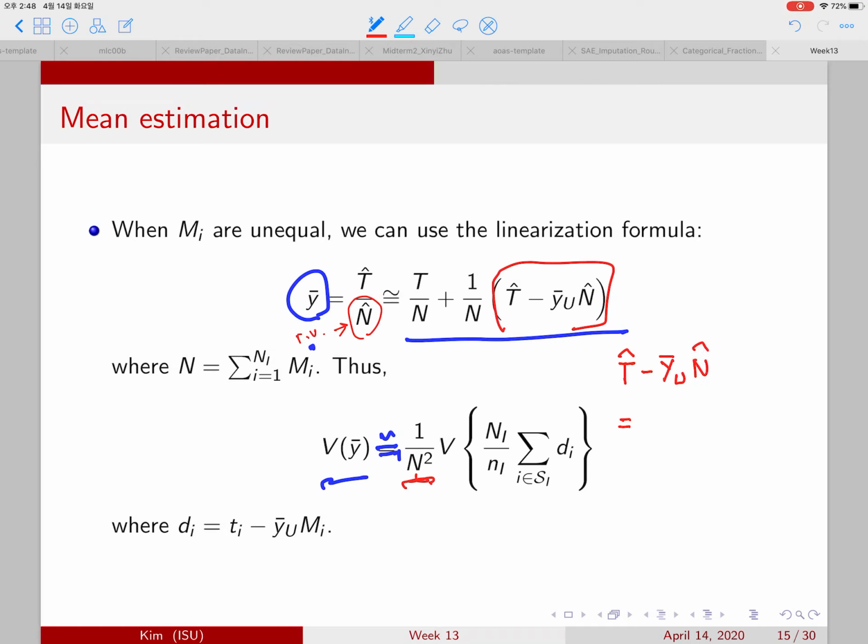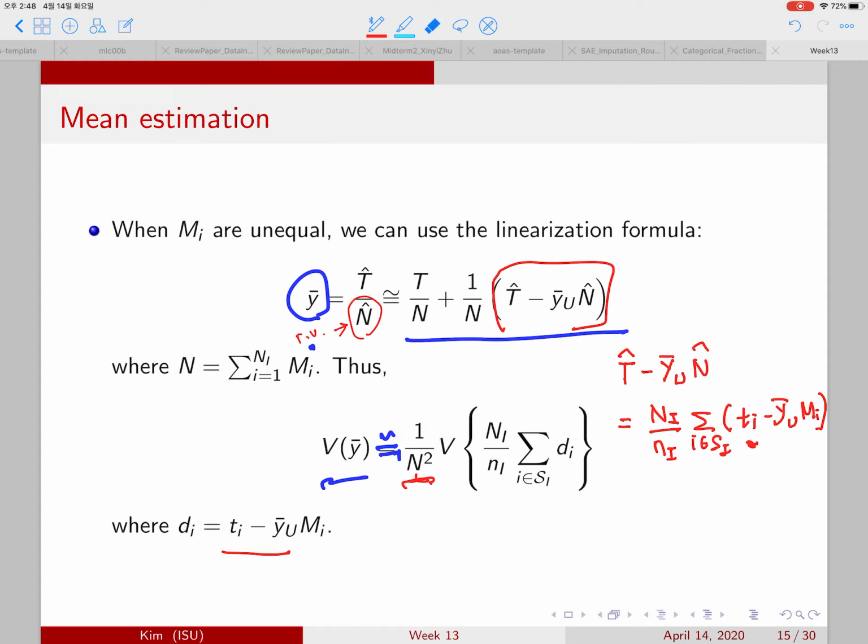That is N over n, summation over i in s of, oh no, sorry, not yi, ti minus y bar u mi. Okay, so that's this one.